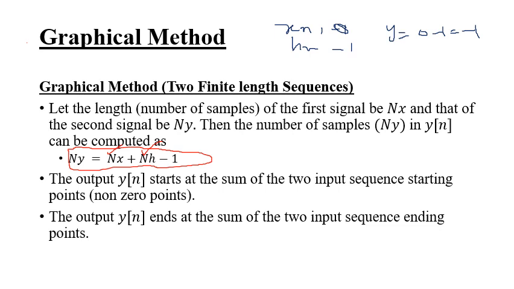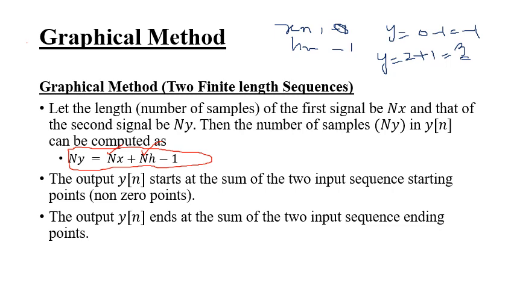Similarly, the end point of x of n was 2, and the end point for h of n was 1. So that means the end point where y will consist of zeros is beyond 3. So up to 3, y of n will have non-zero values. Beyond this it will have 0 values.